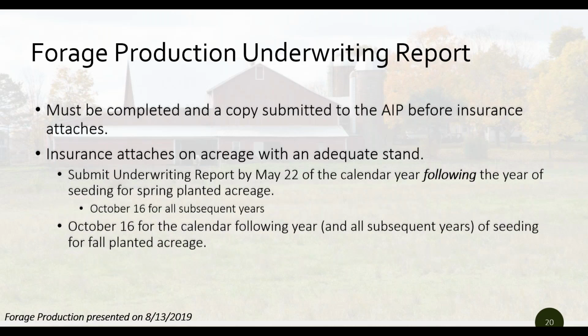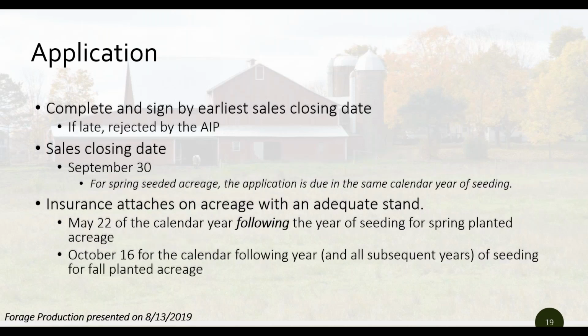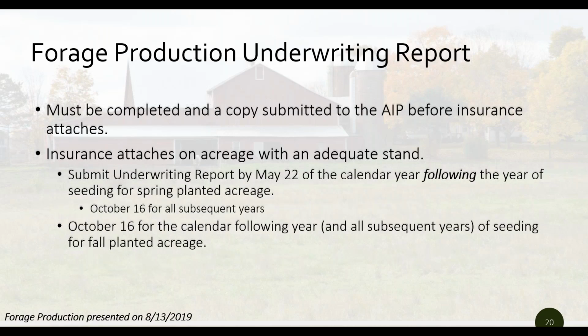So the forage production underwriting report must be completed and a copy submitted to your agent before insurance attaches. Let's go back a slide. Insurance attaches for that May planted crop on May 22nd of 2020. So that's when you need to have your forage underwriting report to the agent. For that fall planted acreage, the August stuff, you'll need to have it by October 16th of 2020. Kind of tricky.